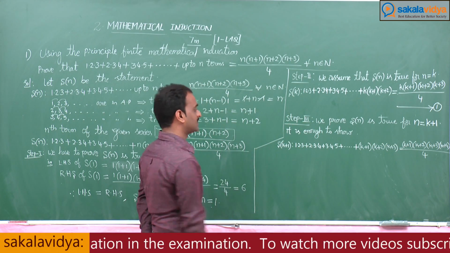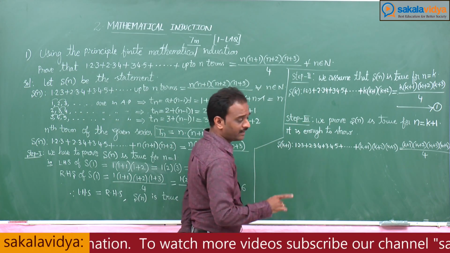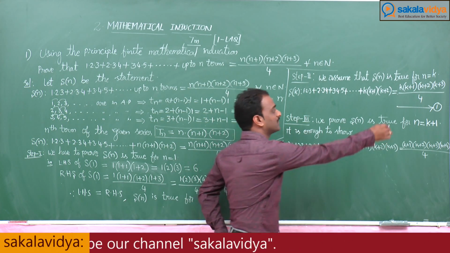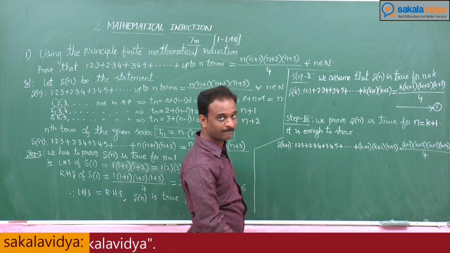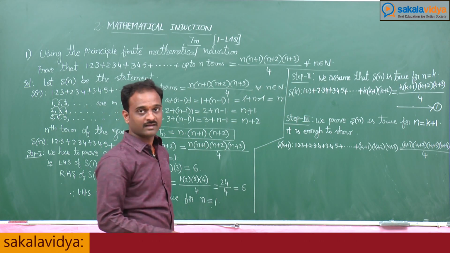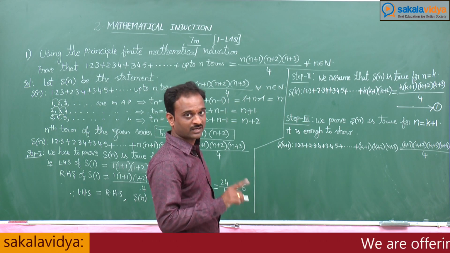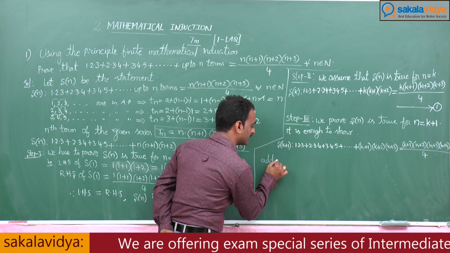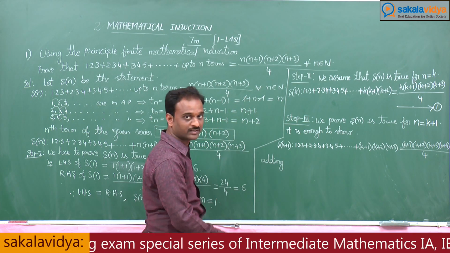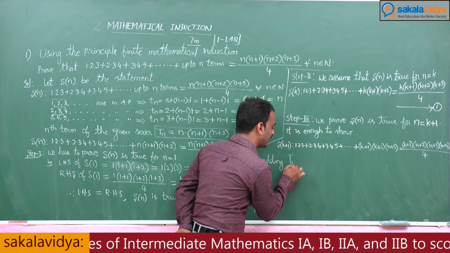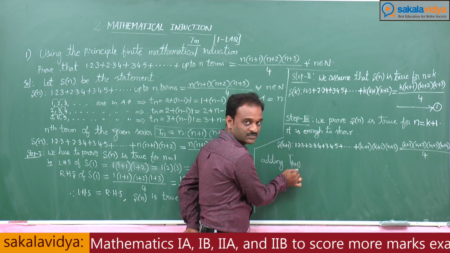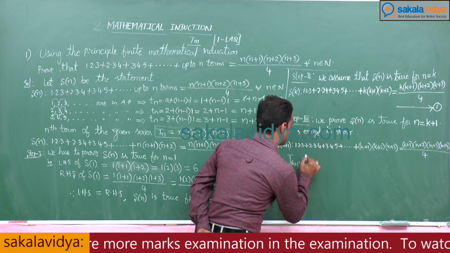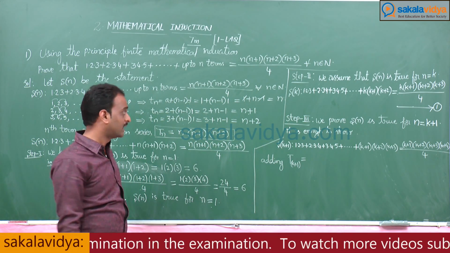To prove this, we add the k plus 1th term on both sides of equation 1. The k plus 1th term, denoted by t of k plus 1, how can we find it?